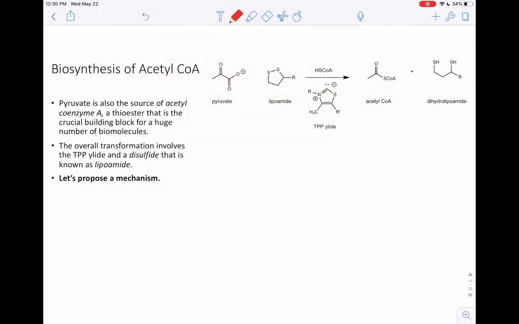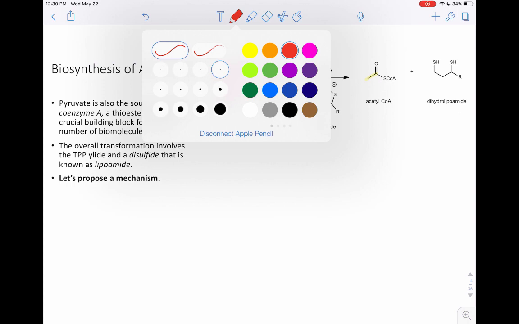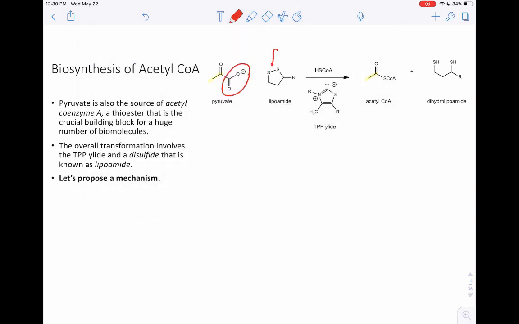Well, we can see that we are undergoing a decarboxylation of pyruvate, and these two carbons are these two carbons of acetyl-CoA, so that we can see for sure. In the lipoamide, we have what's called a disulfide bond, and it is being reduced to the dithiol.